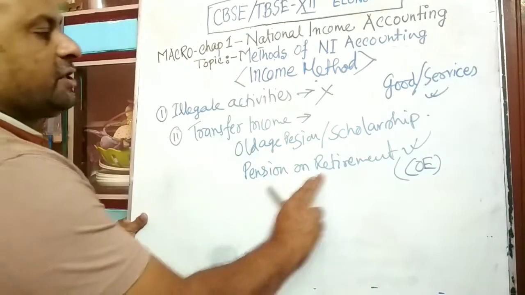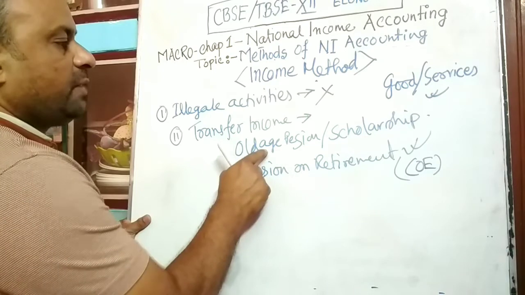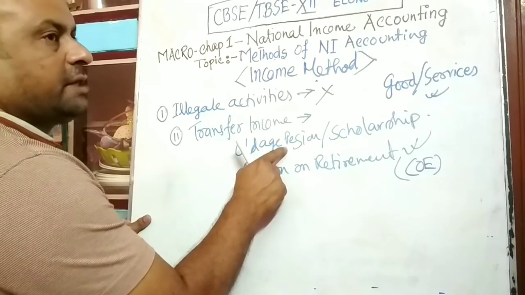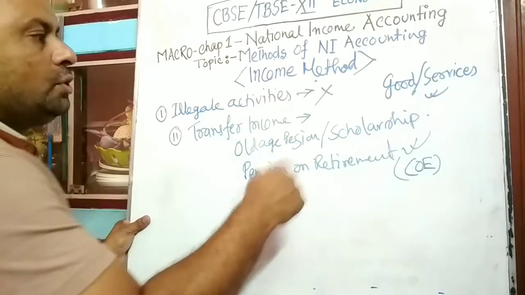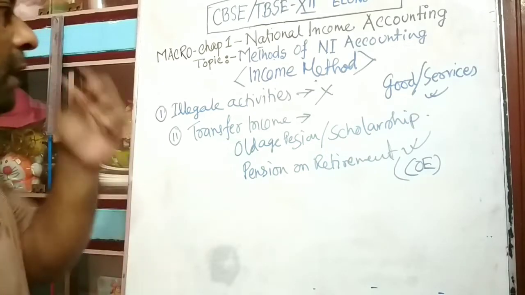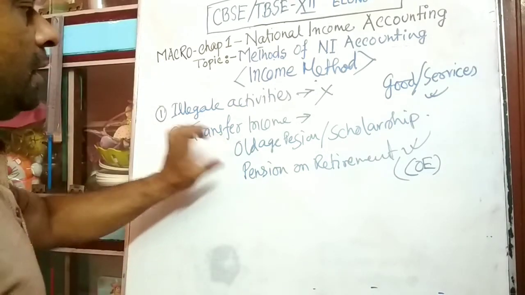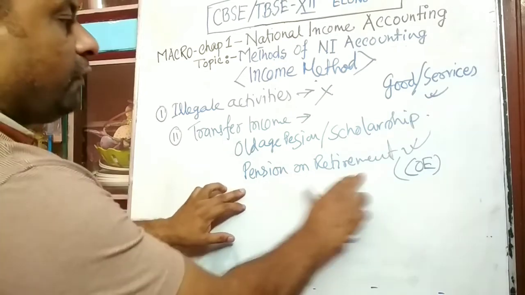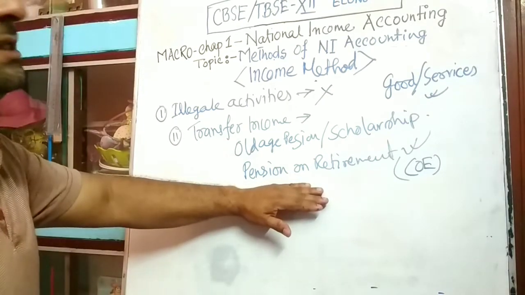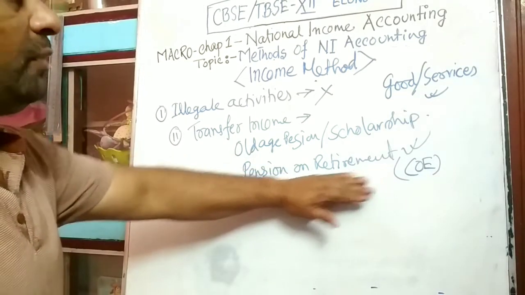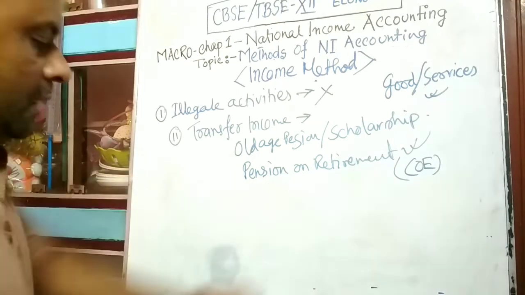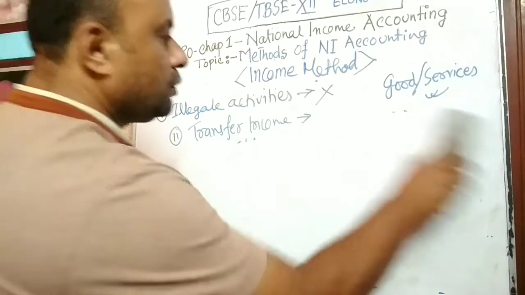Against that, pension is provided. So this pension and that pension is not same. This is old age pension provided by the government. Those who are destitute people having no one to look after or economically poor, they get this one. But this is for the return of the services rendered earlier. So it is a part of compensation of employees.